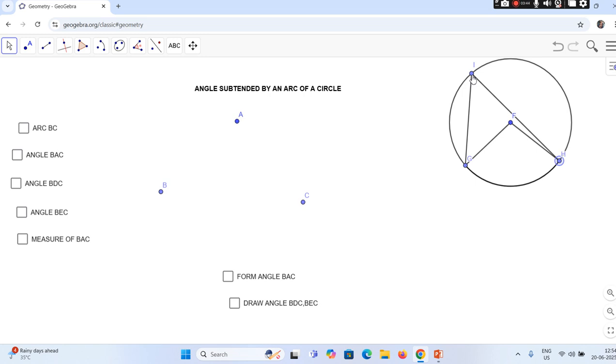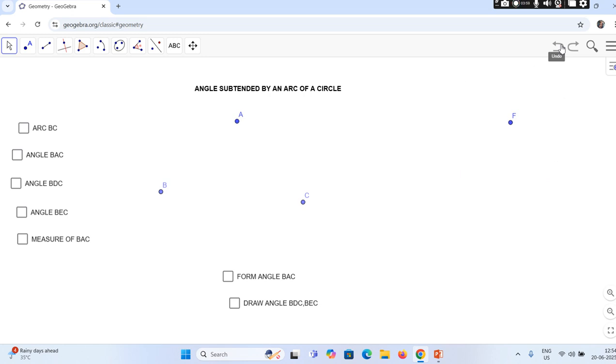Now we will discuss the properties related to the angle subtended by an arc of a circle. Now dear students, we'll discuss the property which is: the angle subtended by the arc at the center is double the angle subtended by it at any point on the remaining part of the circle. So let's visualize it.